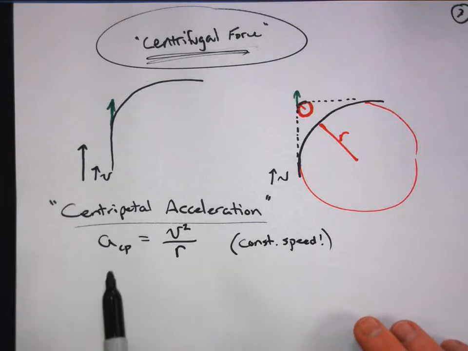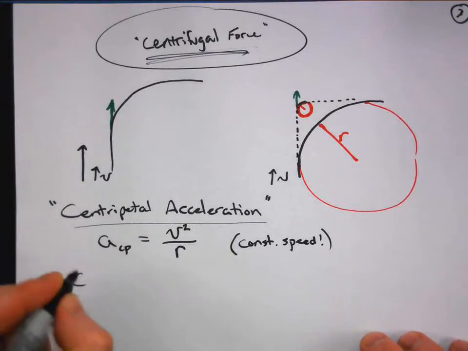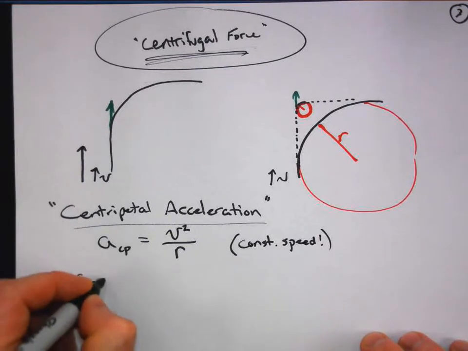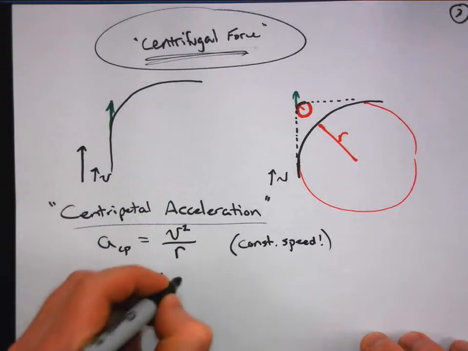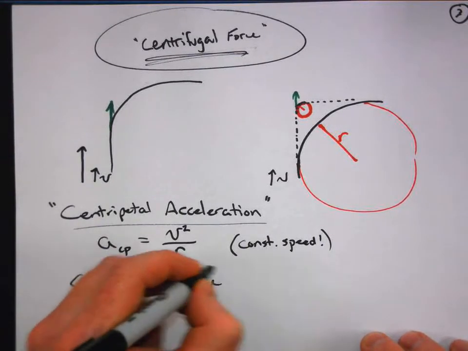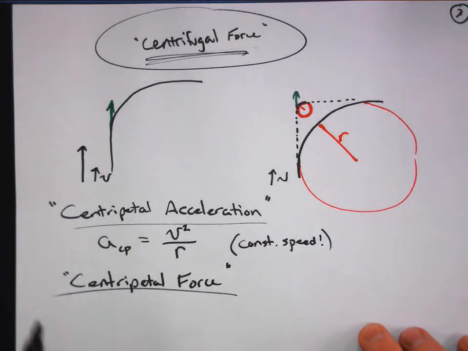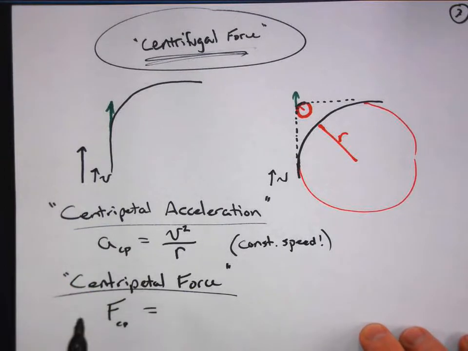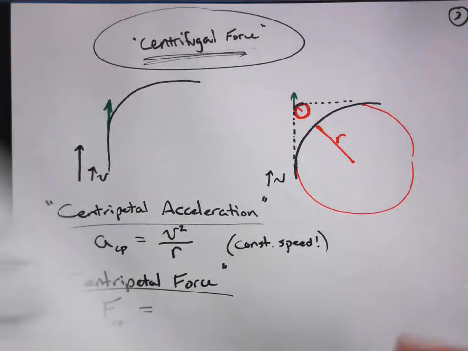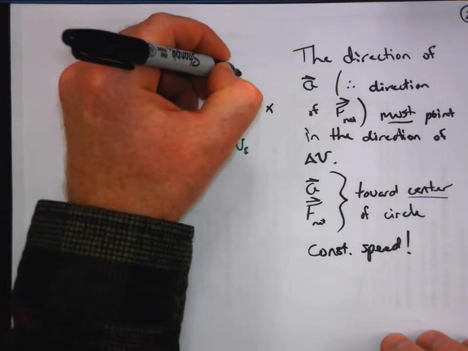But if there is a resulting acceleration, then there must be a force. And that is not called centrifugal force, it's centripetal force. This is what actually exists. This is what physicists talk about. Well, if your speed is constant as you go through this circle, then the only acceleration you're experiencing is the centripetal acceleration.